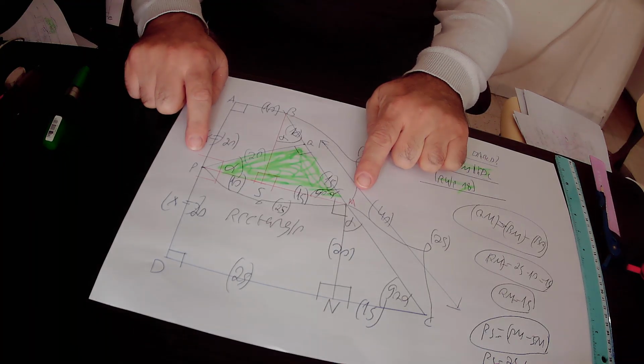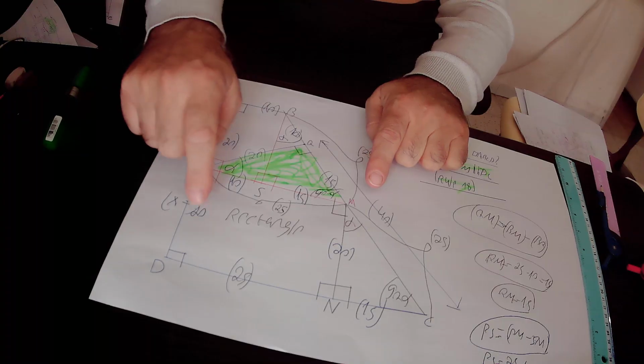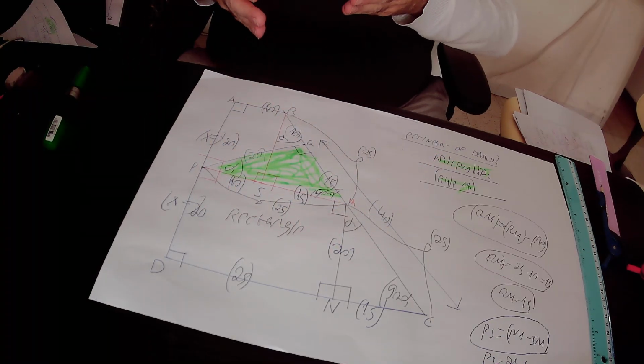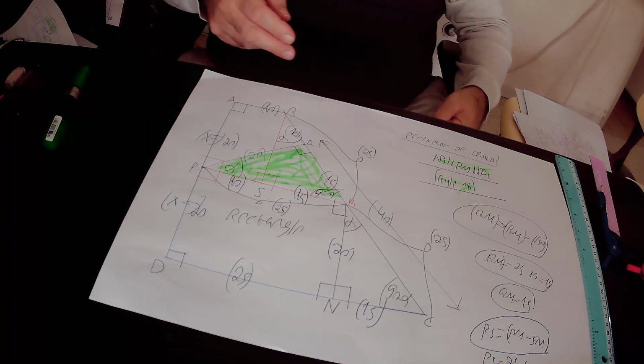What is the length of this mid-segment PM? According to the trapezoid mid-segment theorem, PM equals AB plus DC, that is the sum of the two parallel bases of trapezoid ABCD, over 2.